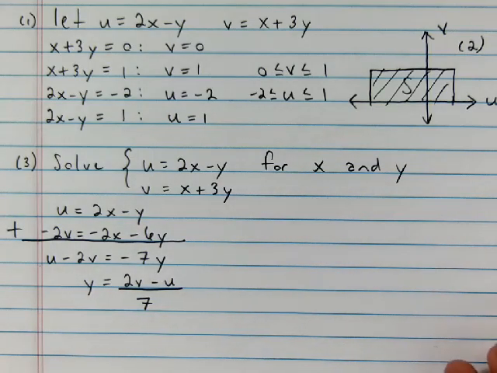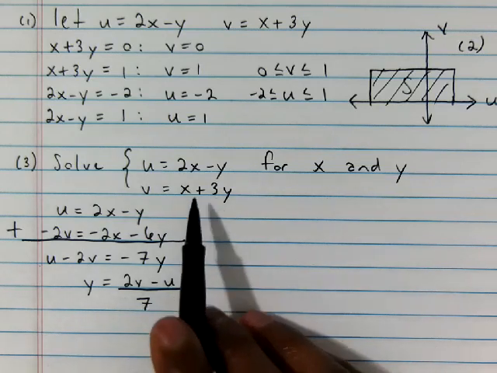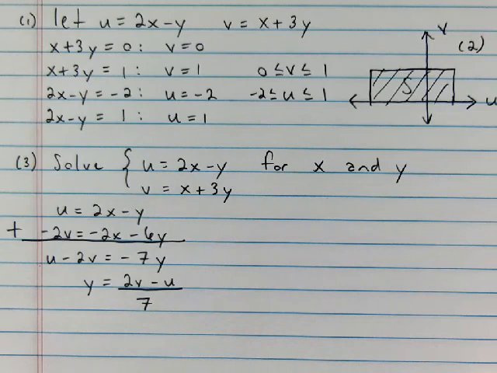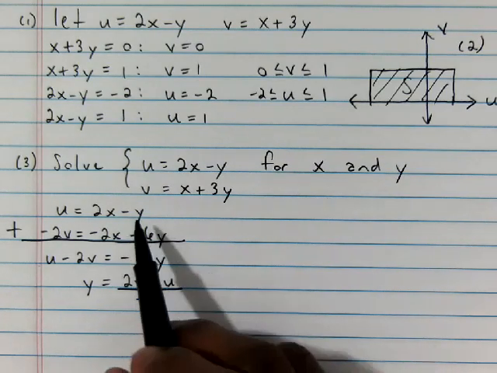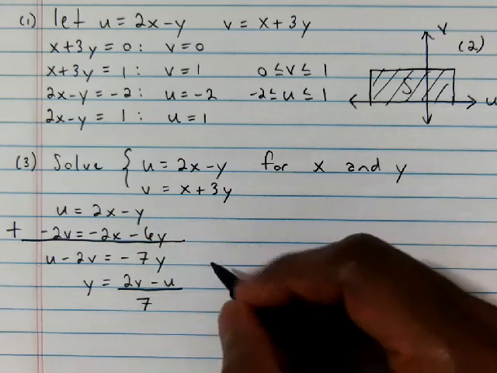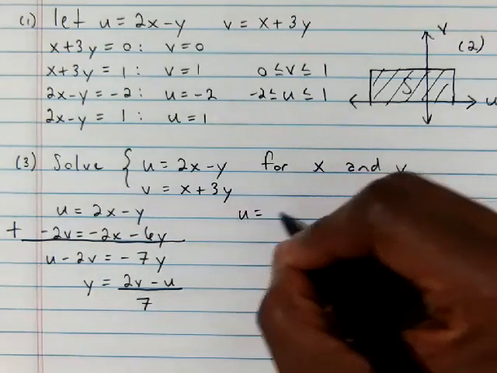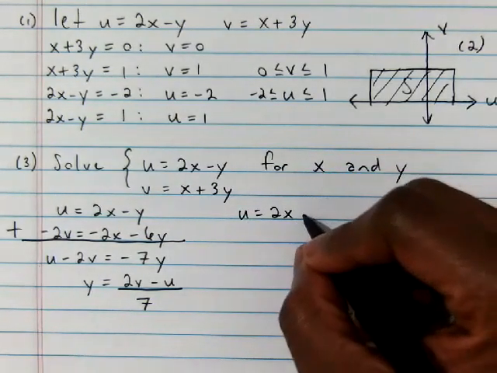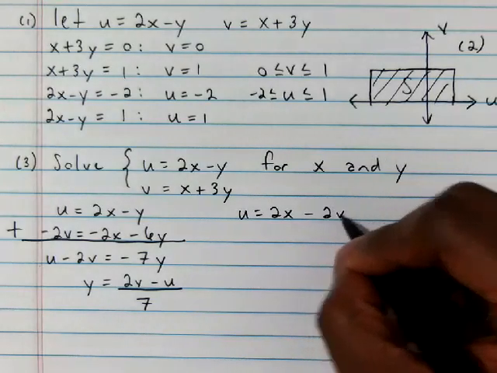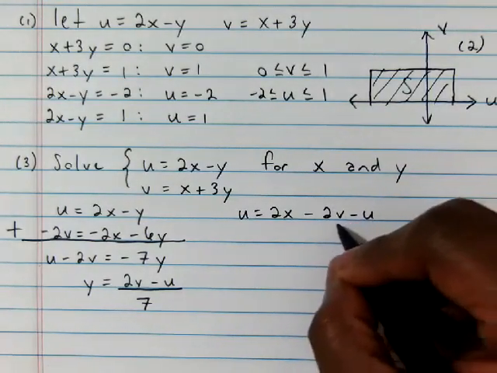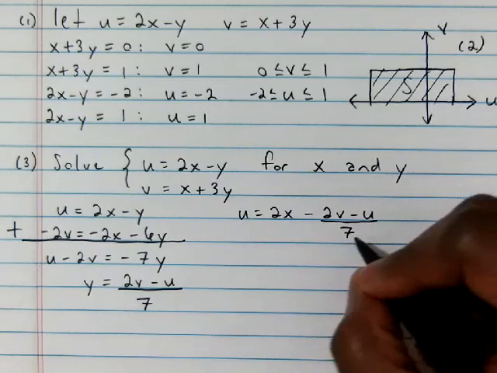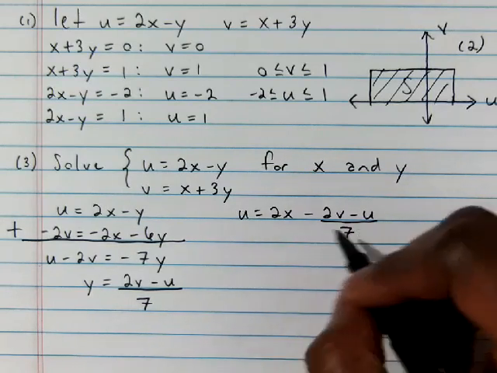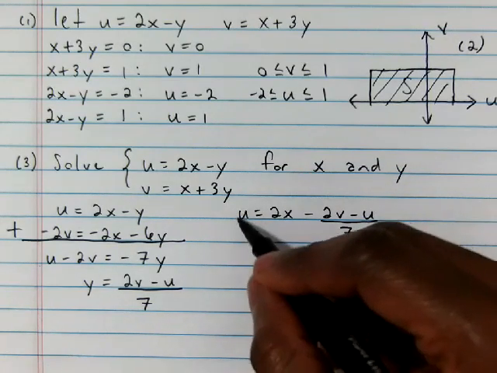And now I need to take this and put it back into one of those equations to get our x. So putting this back into that first equation up there, we end up with u equals 2x minus 2 times (2v minus u) over 7. Move this to the left and find the common denominator, which will be 7.